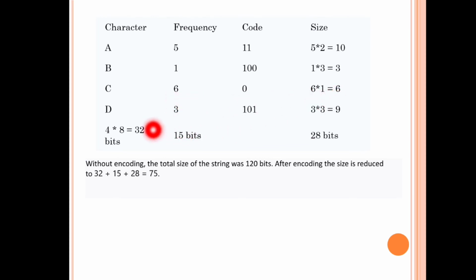And for D there are 3 bits required and its frequency is 3, so there will be 9 bits required. So the total bits required will be 28 bits. That means from 120 bits we have reduced the size to 28 bits. This is how Huffman coding reduced the size of the string.